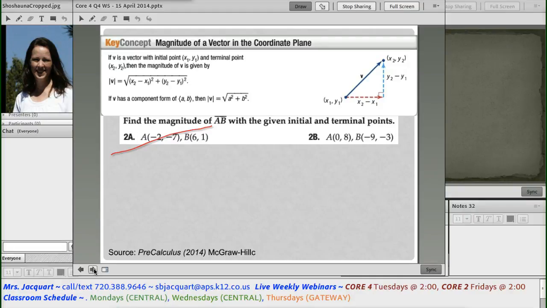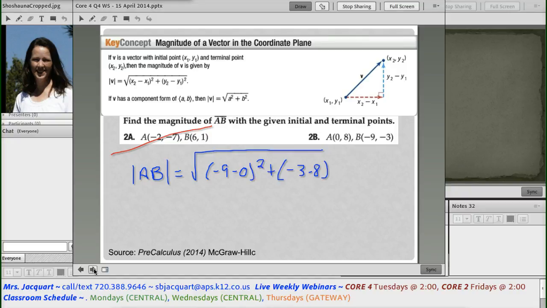So magnitude of this AB, because they're different, right, equals square root negative 9 minus 0 whole thing squared plus negative 3 minus 8 whole thing squared equals square root 81 plus 121 equals square root 202.